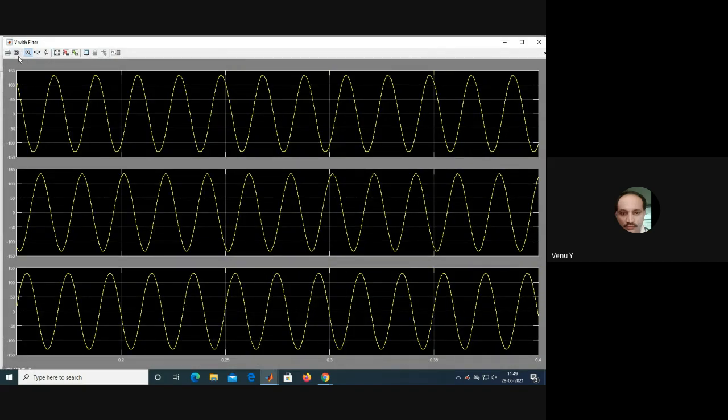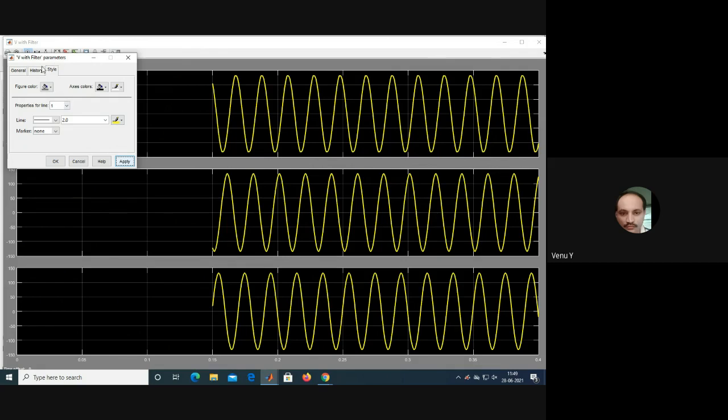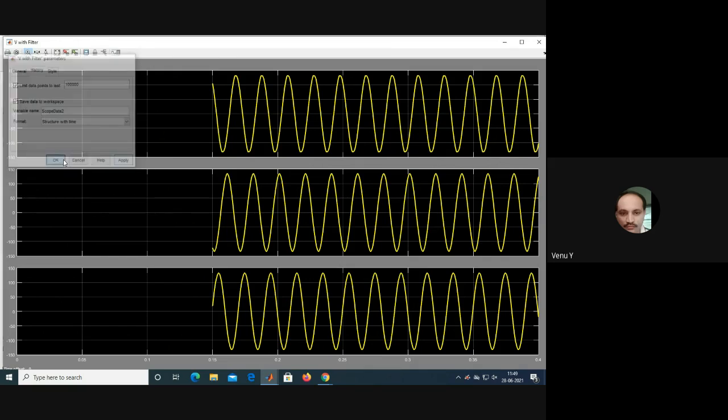Pure sine wave. You can apply history. You can use one lap. Save data, structure with time. Apply. OK.